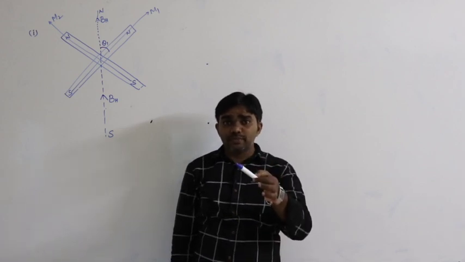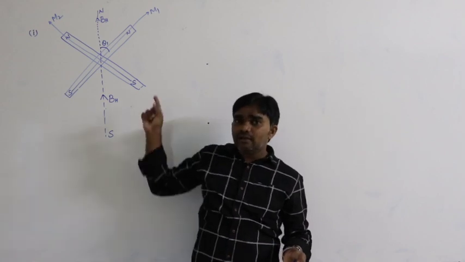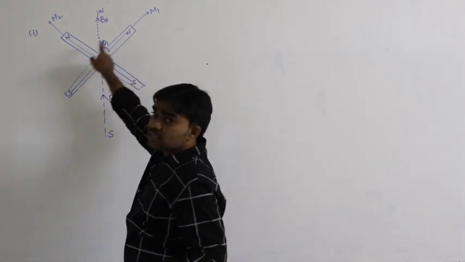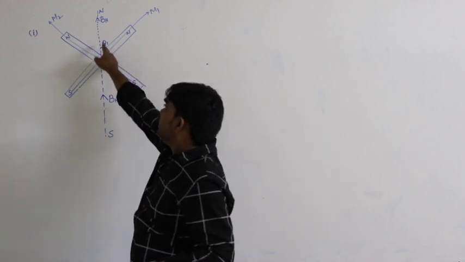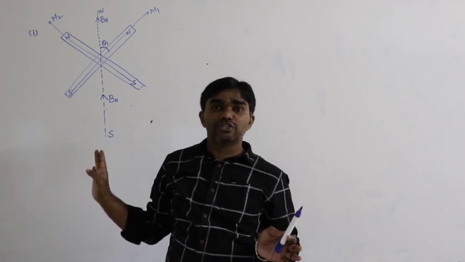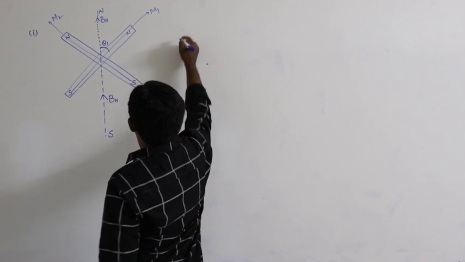Torque formula is mB sin theta. But here these two magnets are arranged at a certain angle with BH, still the magnet does not undergo any deflection. That is the concept here.